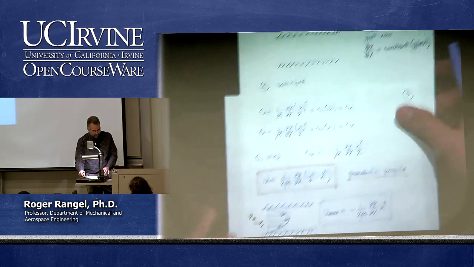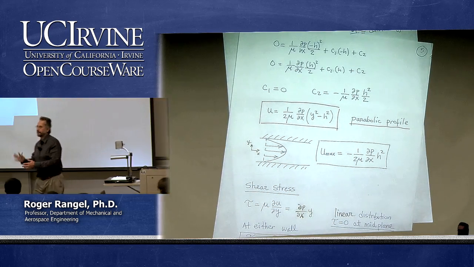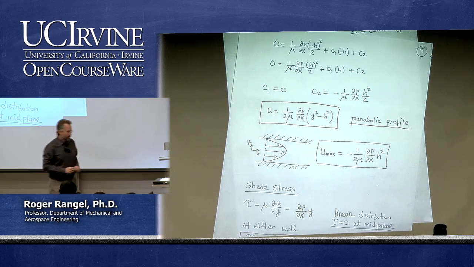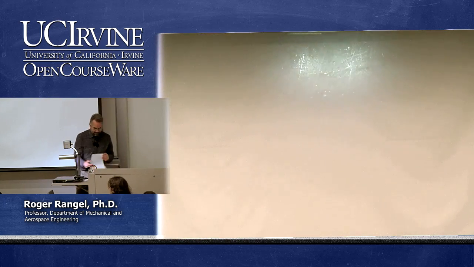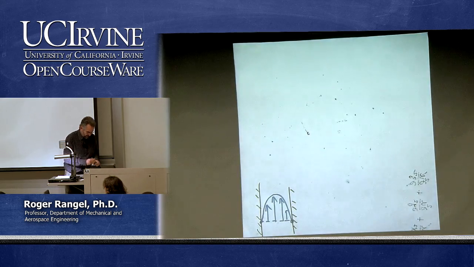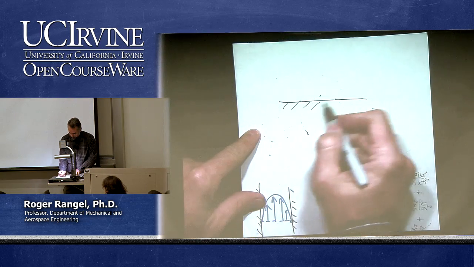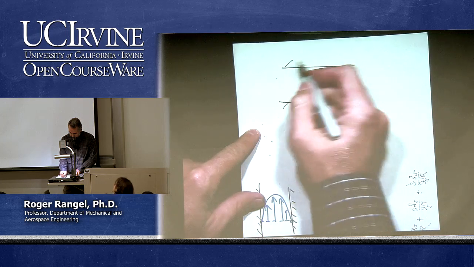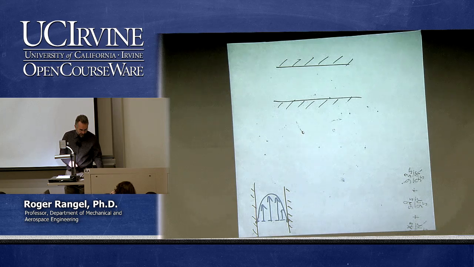What if I have both problems at the same time? Suppose I have the gap, like we just did. So here are the two plates. And now I have both conditions happening at the same time.